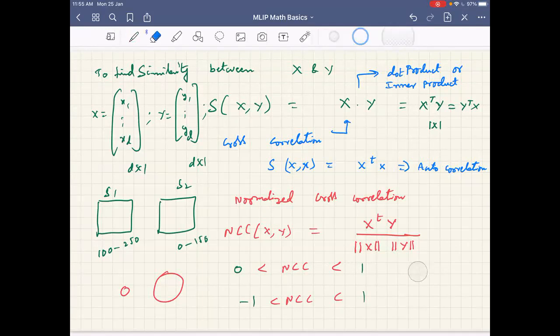Both are correct. If all features are positive, then it is 0 to 1. And if feature values take both negative and positive, then it is -1 to 1. Is this clear?